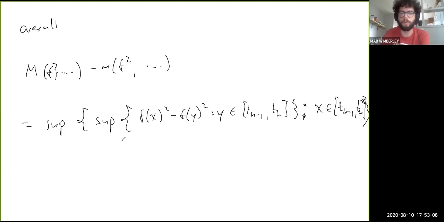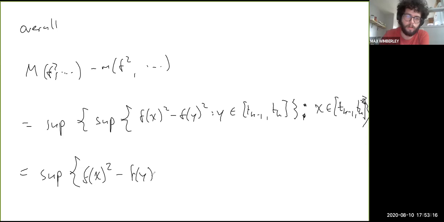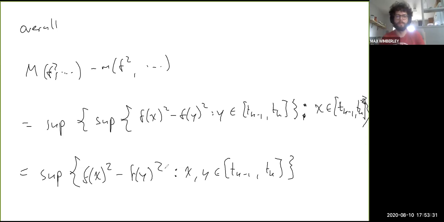It's trivial that you can collapse the quantification, because the supremum of all these suprema is just the supremum of this overall thing. So you get this doubly indexed supremum.